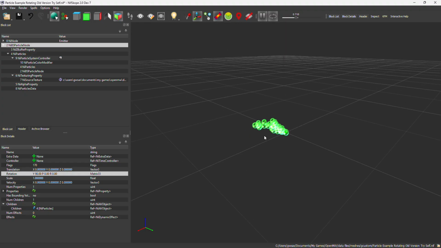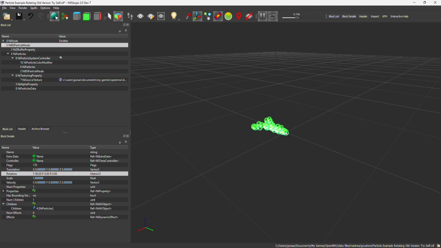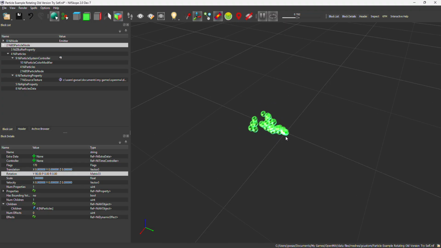This is just because we're rotating the emitter, which really is what decides what the vertical direction is. So at 0, 0, 0, the vertical direction is up. But when we rotate it to 90, the vertical direction is in whatever direction it's facing. So that up direction is just rotated 90 degrees, and now it's along this plane.